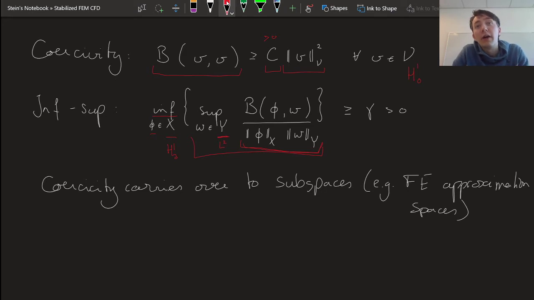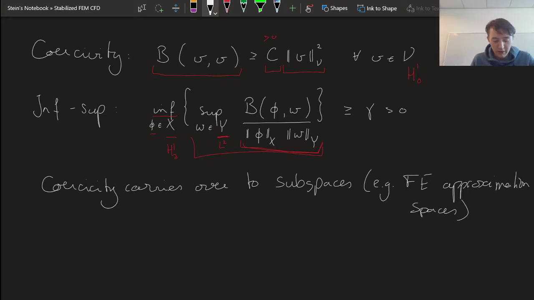Now, if we want to do a finite element approximation of the pure advection problem, then we would also need to choose function spaces for phi and for w, for which we're also able to take any derivative of a function phi in the approximation space for phi, and that derivative of that function needs to lie in our test function space. Now, if that sounds a little bit complex, that's exactly the point. That's not easy. We have to be very careful in our choice of function space, and that's precisely the point.